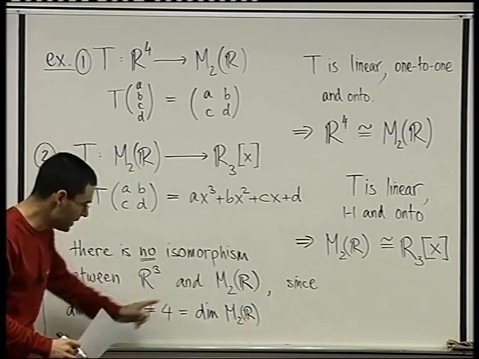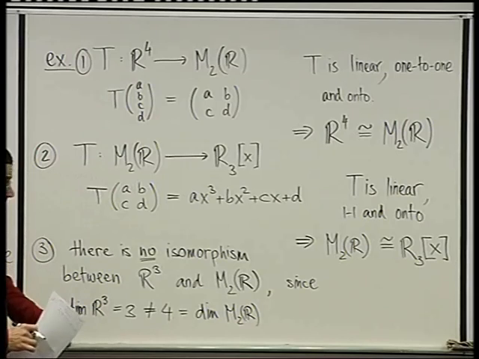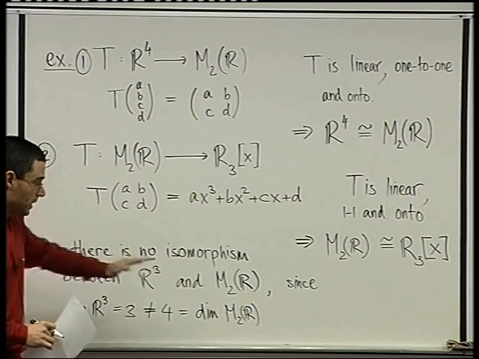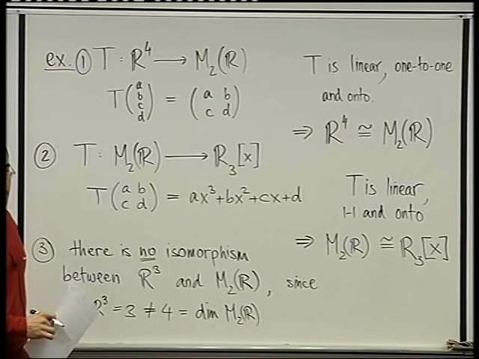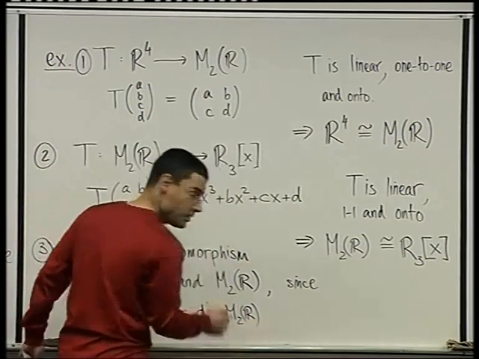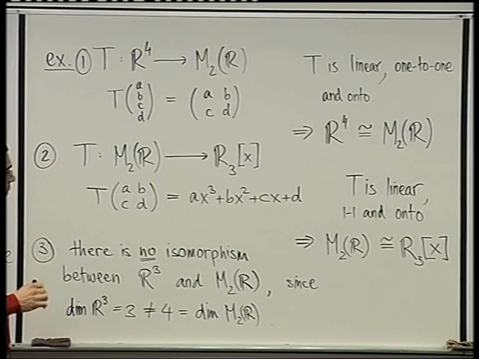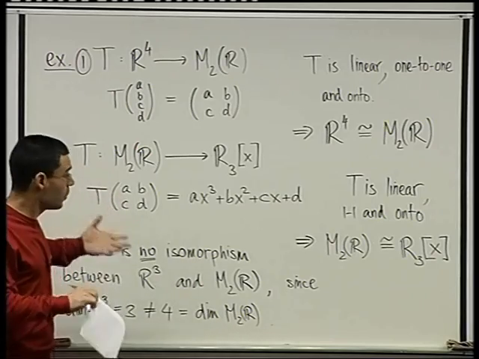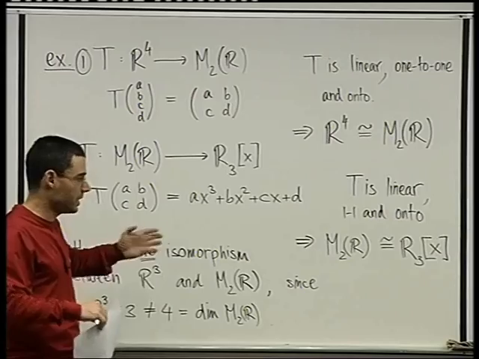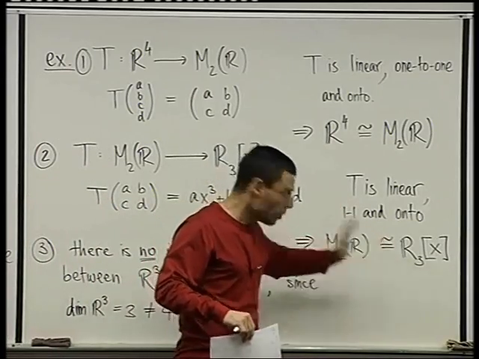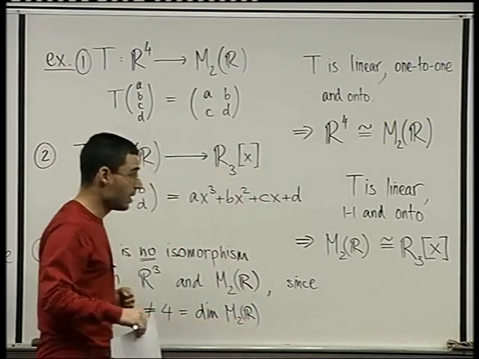So they have different dimensions, and we had a theorem that a one-to-one and onto linear map between two spaces forces their dimensions to be equal. Okay? Is this clear? Okay? So we formalized the notion of when two spaces that we felt are the same thing, when are they in fact the same thing as far as linear algebra goes. This is not an equal sign. This is an isomorphism sign, and that's what it means formally.